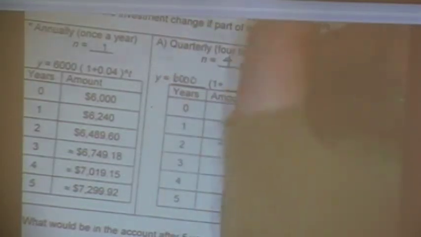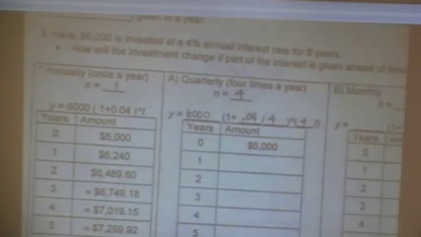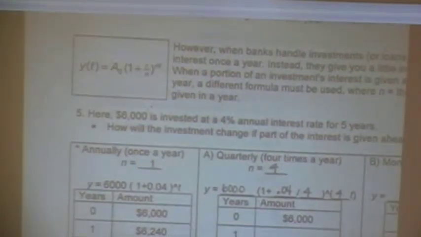So my initial amount is $6,000, invested at 4%, so that's going to be 0.04, divided by 4, because it's divided by N, raised to the 4t. If you look, the formula again is over here.